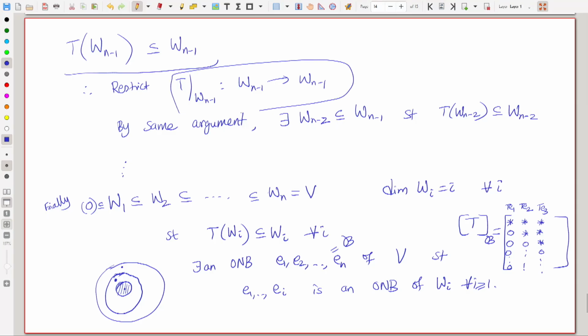Restricting is a slightly subtle thing. So, tell me your argument again. My argument is, suppose the matrix is diagonalizable, an n by n matrix, then n linearly independent eigenvectors must be there.